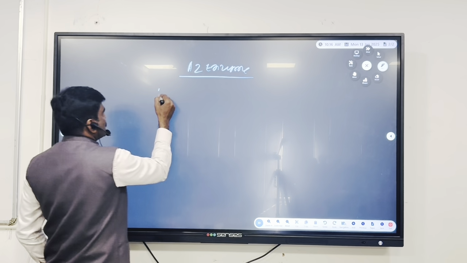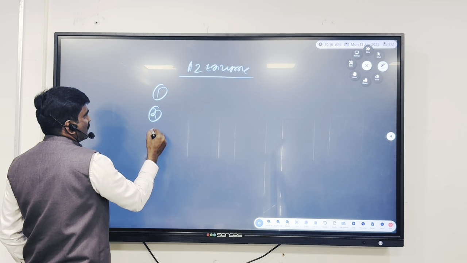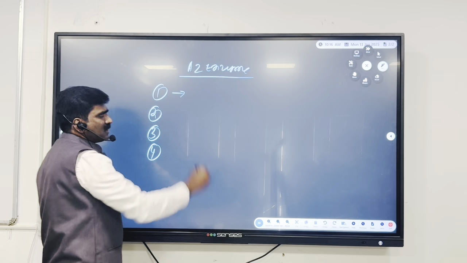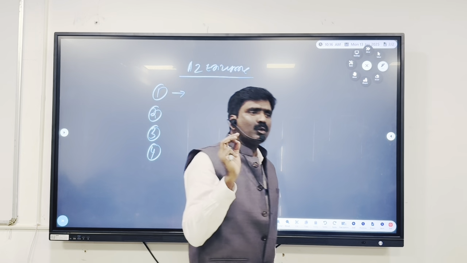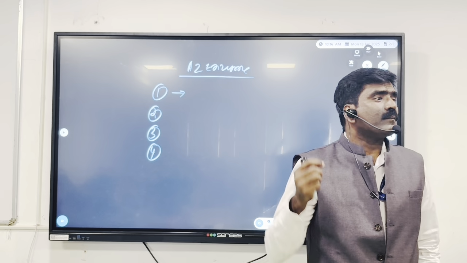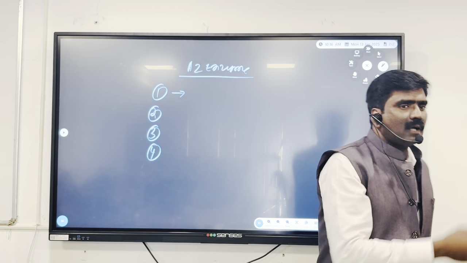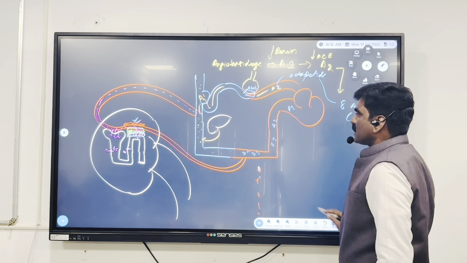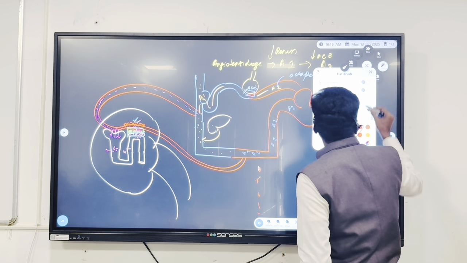So A2 has 5 to 6 functions. I think last class 3 functions we have discussed. First, angiotensin 2 has a receptor in the veins and arteries, right? So I'll make it here.